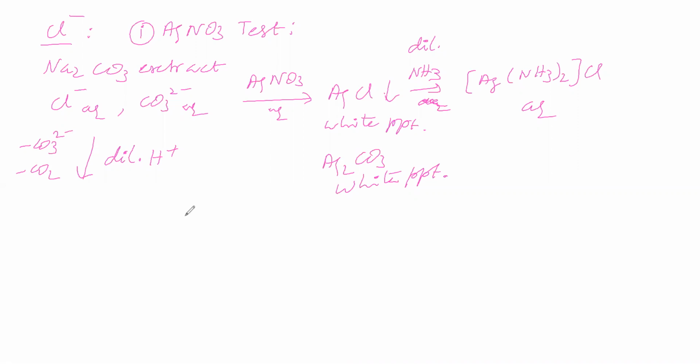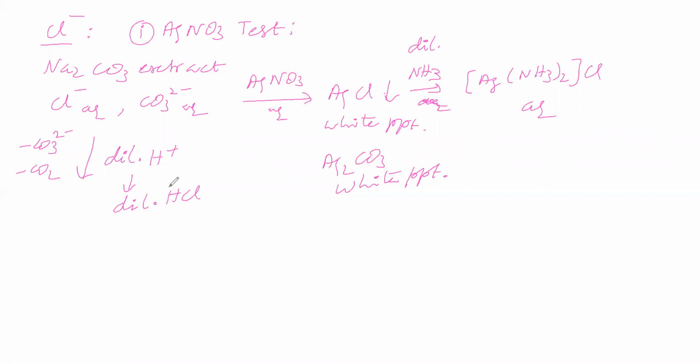So which dilute acid can we add? Can we add dilute HCl in order to remove carbonate as carbon dioxide? Of course, Cl minus comes under the concentrated acid test. It is not coming under the dilute acid test. But if you add dilute HCl, what happens?